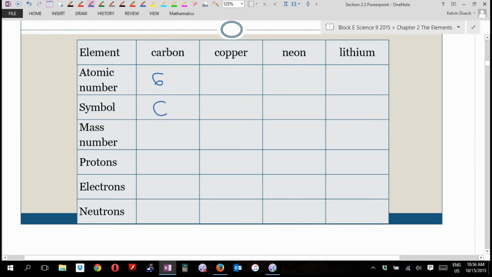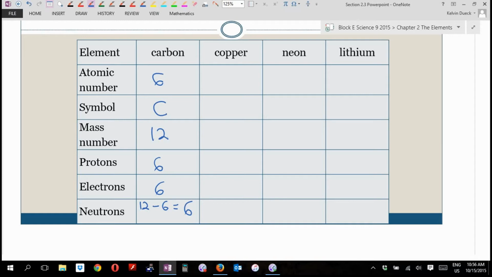What's its mass? 12. How many protons? 6. How many electrons when it's neutral? 6. How many neutrons? And I'm going to write here, it's 12, take away 6. So in your notes, you know what we did. In the homework, Brooke, if you can go straight to the answer, I'm fine. But in our notes, we'll write it out. Okay?